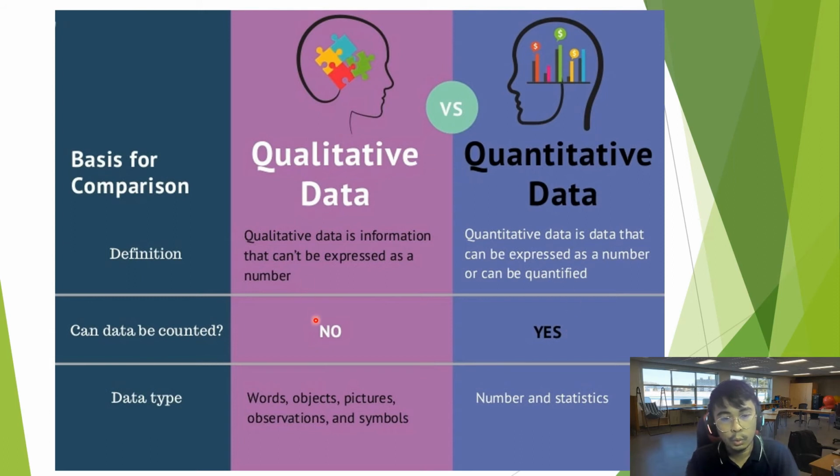Okay? So, to give a specific type of data, for qualitative data, we can refer to words, objects, pictures, observations, and symbols. While for quantitative data, since that's quantifiable, we can have this data which includes numbers and statistics. Okay? So, that's how we differentiate qualitative from quantitative data.